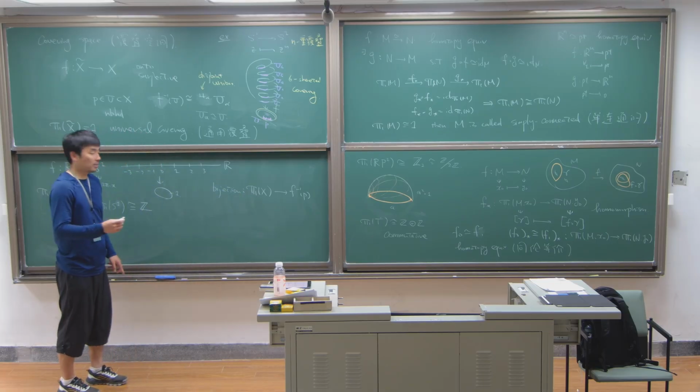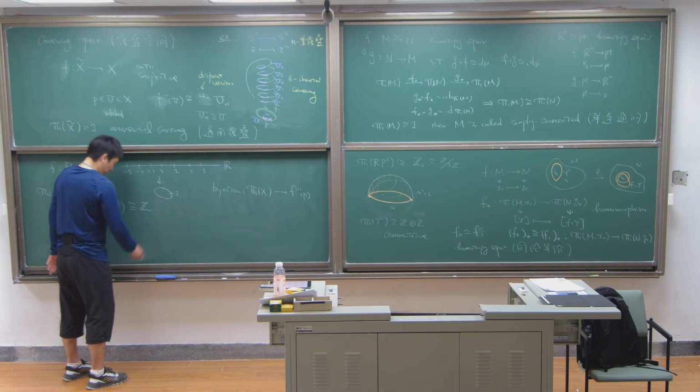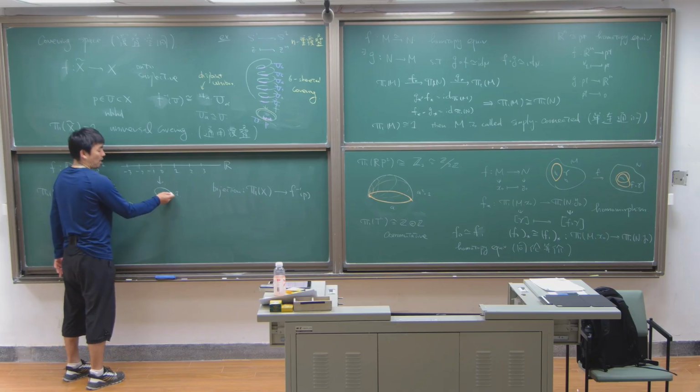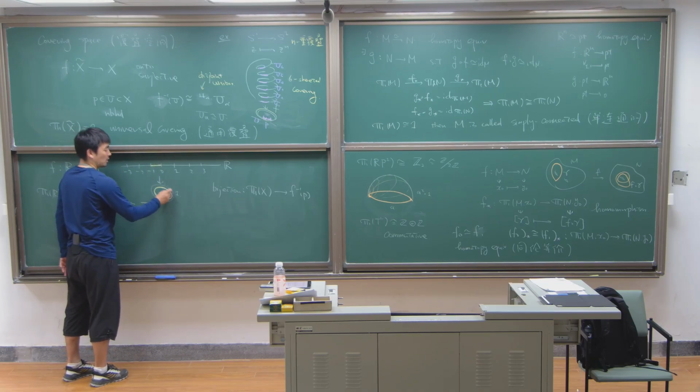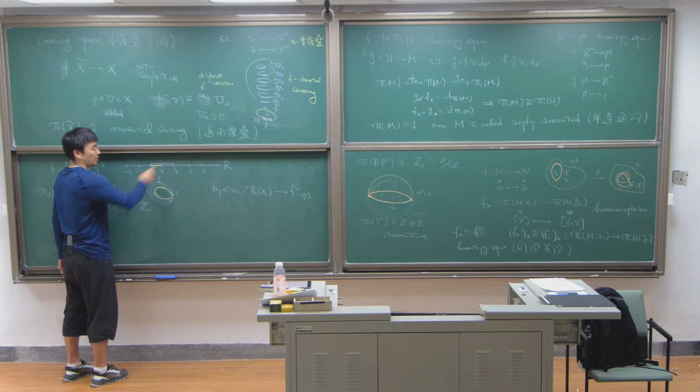Do you understand what I mean? That's true because if S1 is mapped to S1 once, it corresponds to this one, and if you want to do that twice, you wrap like this way, and so on.